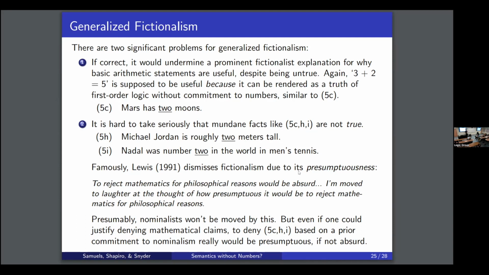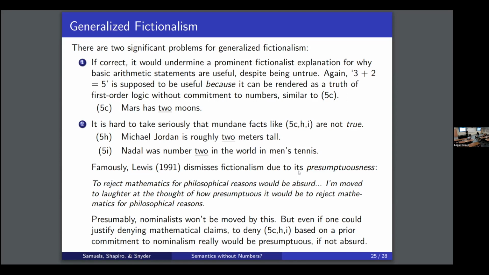It really would be presumptuous, to quote Lewis again, if not outright absurd, to say that these very mundane statements are not true on the basis of a prior commitment to nominalism, right?